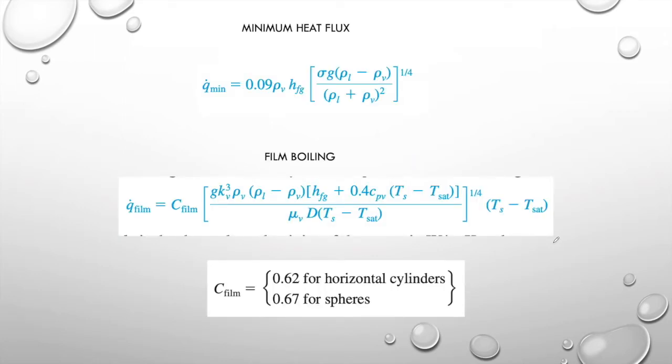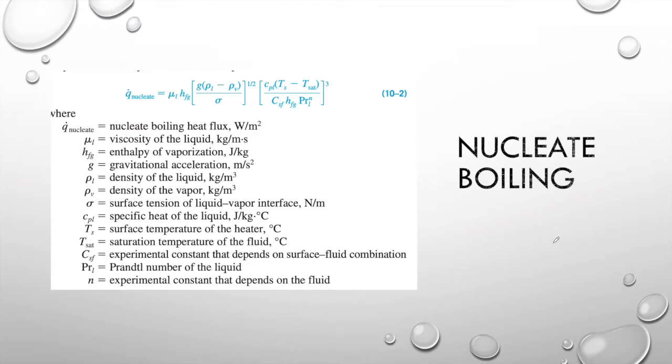Since delta T excess is 8 degrees Celsius and falls under nucleate boiling, we directly use this equation. Then we have to determine all the properties here: mu L, h_fg, rho liquid, rho vapor, surface tension, C_pl, T saturation, C_sf, h_fg, and Prandtl number to the power of n.